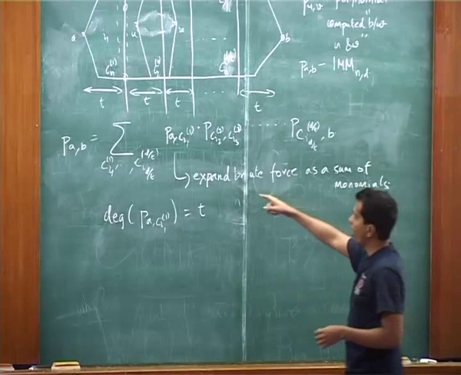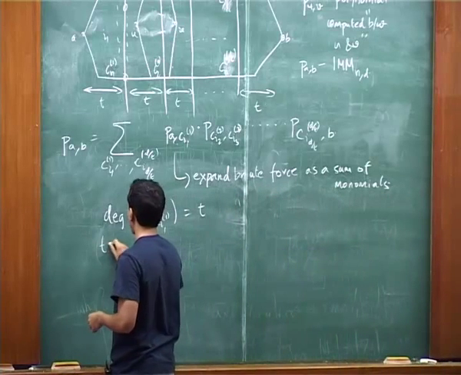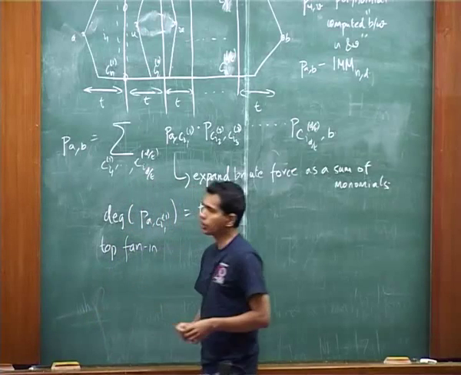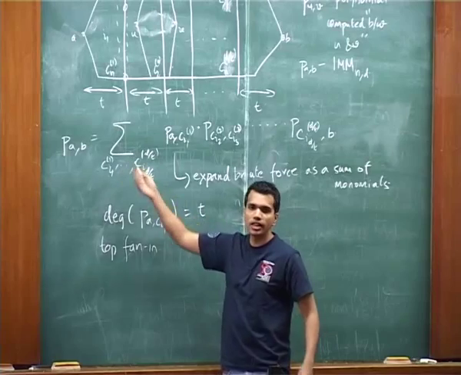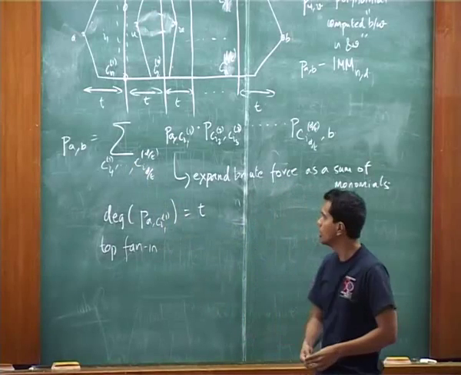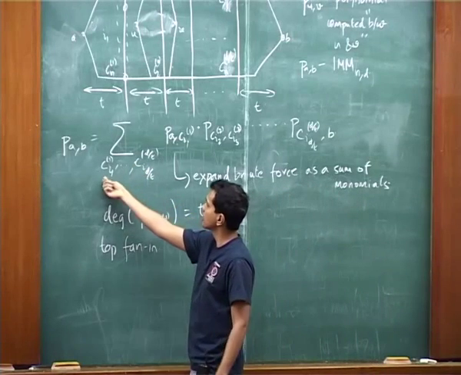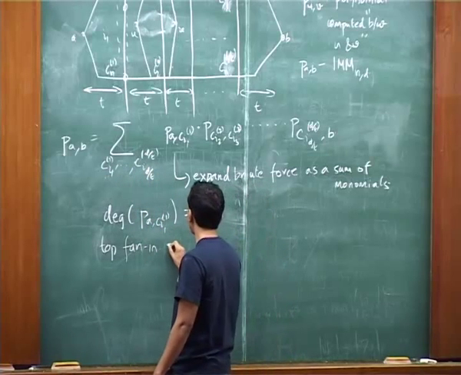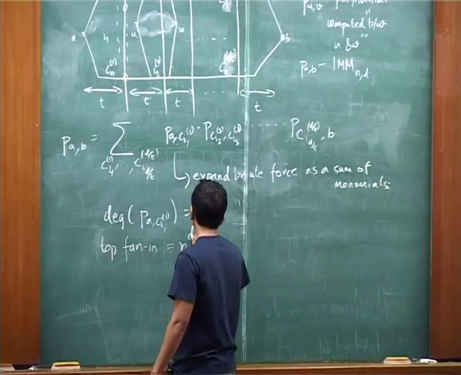What's the top fan-in of this circuit? Recall that the top fan-in is the fan-in of the sigma gate up here. Well, the fan-in of the sigma gate is the number of choices for these vertices, so there are n choices for each of these CIs, so the top fan-in is something like n to the d by t.